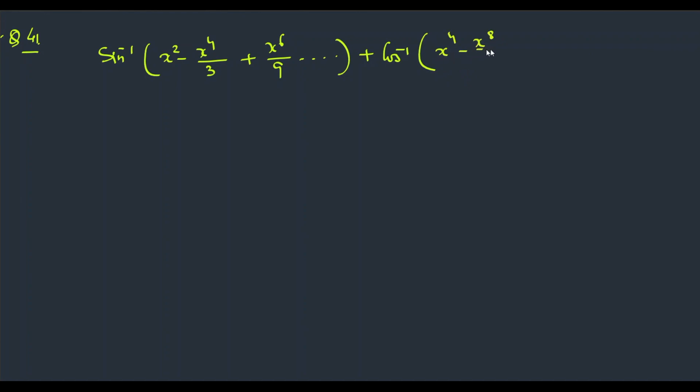Question number 41. You have sine inverse of (x square, minus x power 4 by 3, plus x power 6 by 9, in this way up to infinity), plus cos inverse of (x power 4, minus x power 8 by 3, plus x power 12 by 9, and then up to infinity), which is equal to pi by 2.